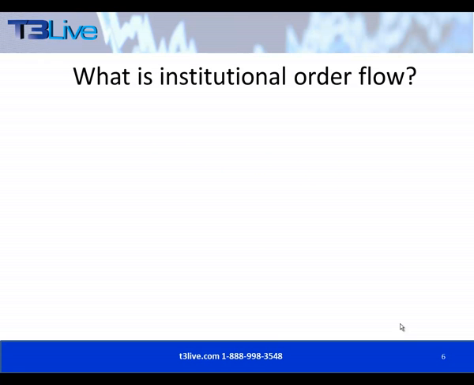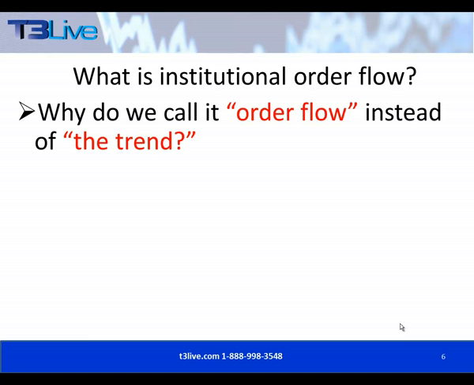All right, first thing I want to do is I want to clarify a definition. All right, why do we call it order flow instead of the trend? For those of you that are a little taken aback by how they keep using order flow, it's basically the trend. But why do I call it order flow? Here's why. I literally want you to be sitting at your seat, looking at whatever stock you're trading, whatever security you're trading for that matter.